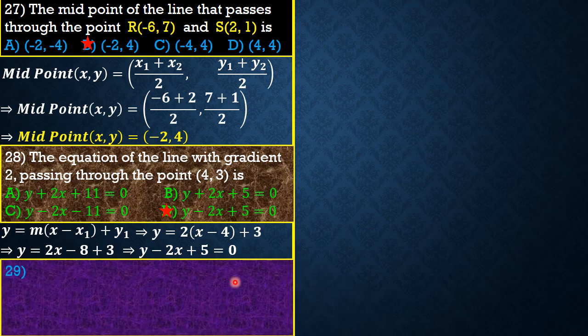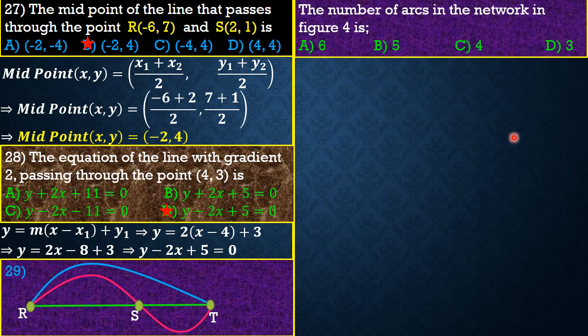Question 29 reads that the number of arcs in the network in figure 4 is. So friends, the number of arcs, or the number of lines, you can either say arcs or lines. The arcs are the same as these lines.